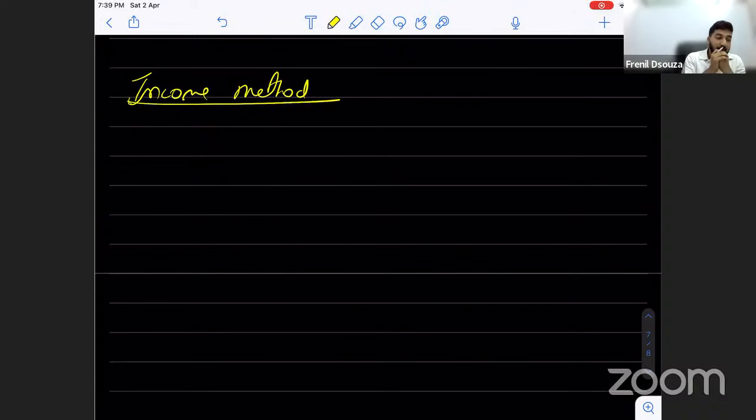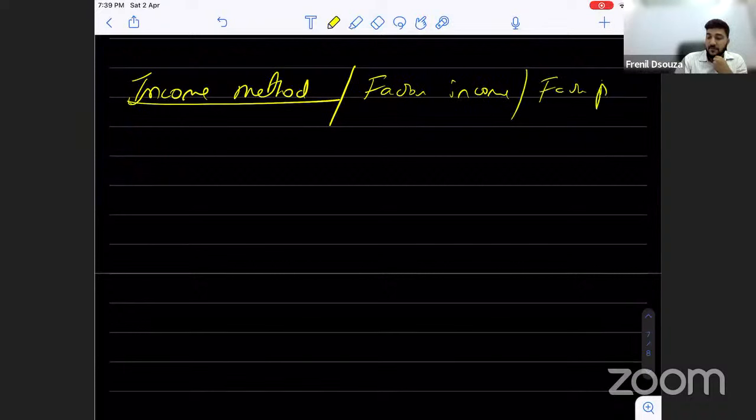How do we calculate income method? Income method is also called, again, the different names I should tell you, the factor income method. It is also called the factor payment method, and it is also called the distributed share method.